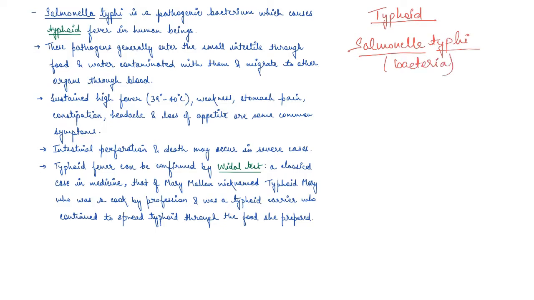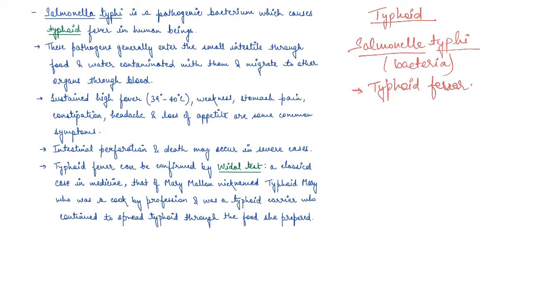And this causes fever. So basically, it is nothing but typhoid fever, right? So what happens here is that these pathogens enter the small intestine through contaminated food and water, right?